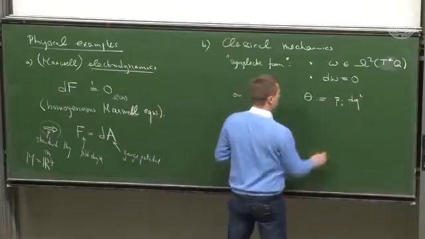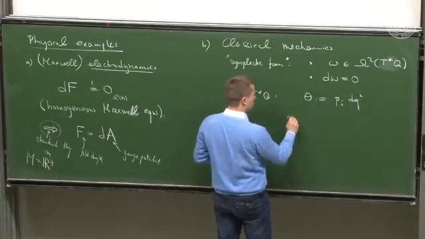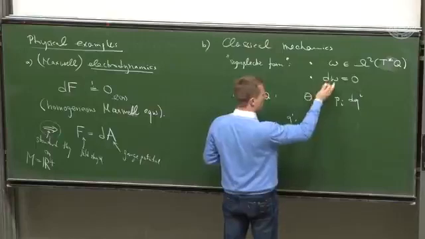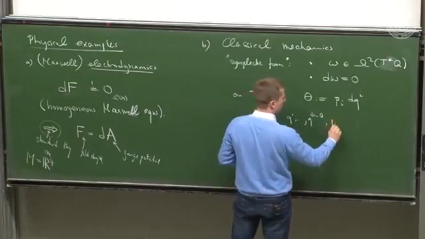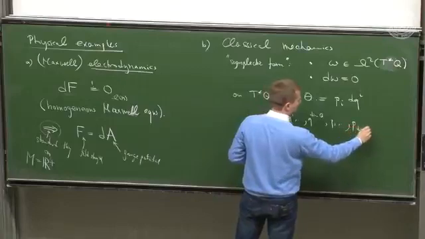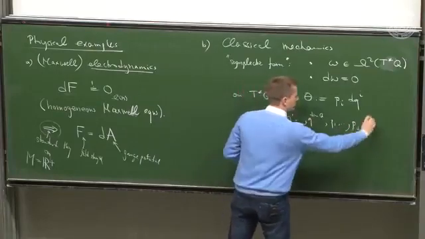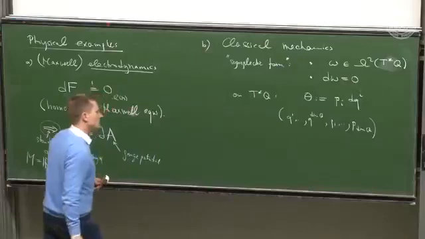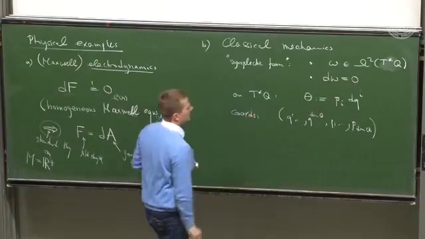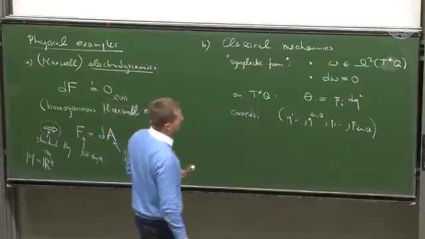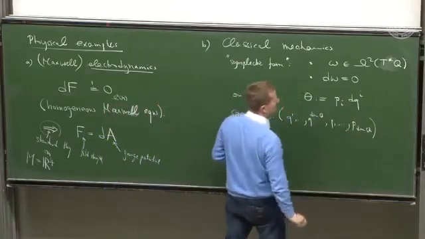Well, p_i and dq^i are the components of a point in the cotangent bundle. So this goes to dim q, and then p_1 to p_dim q, and very much like we construct a coordinate system on the tangent bundle, you can construct one on the cotangent bundle.